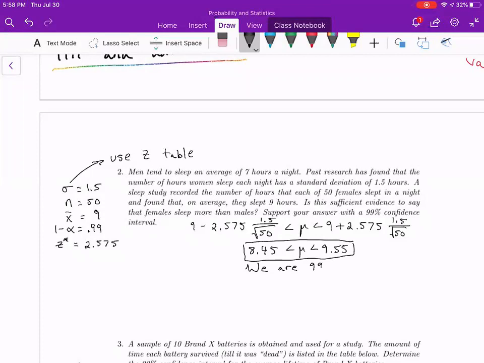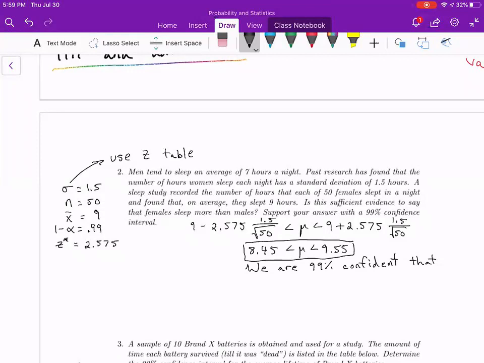Yes, we are 99% confident that... What does mu mean in this context? Is it average IQ?